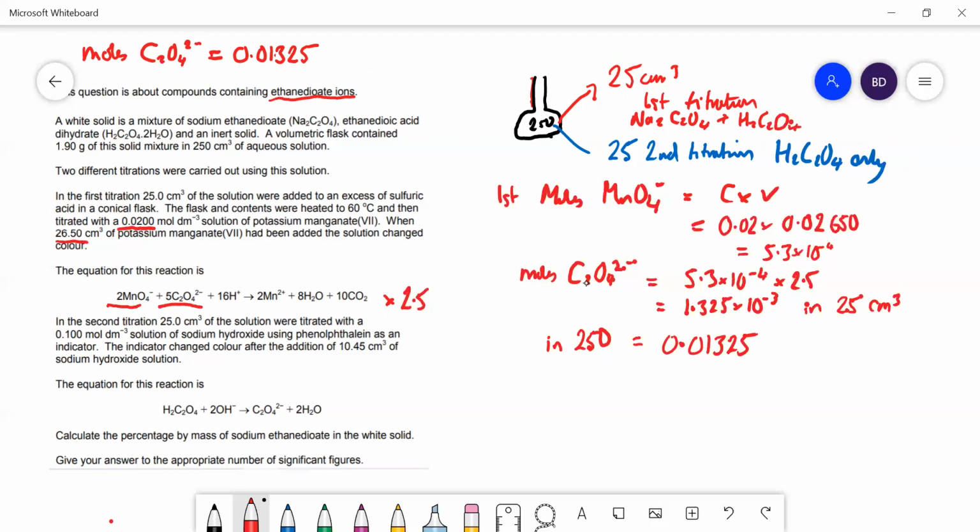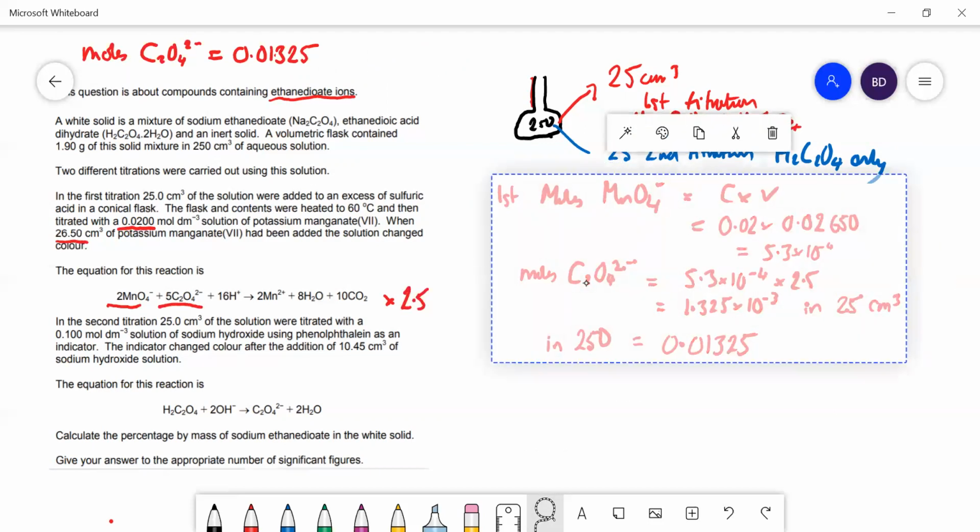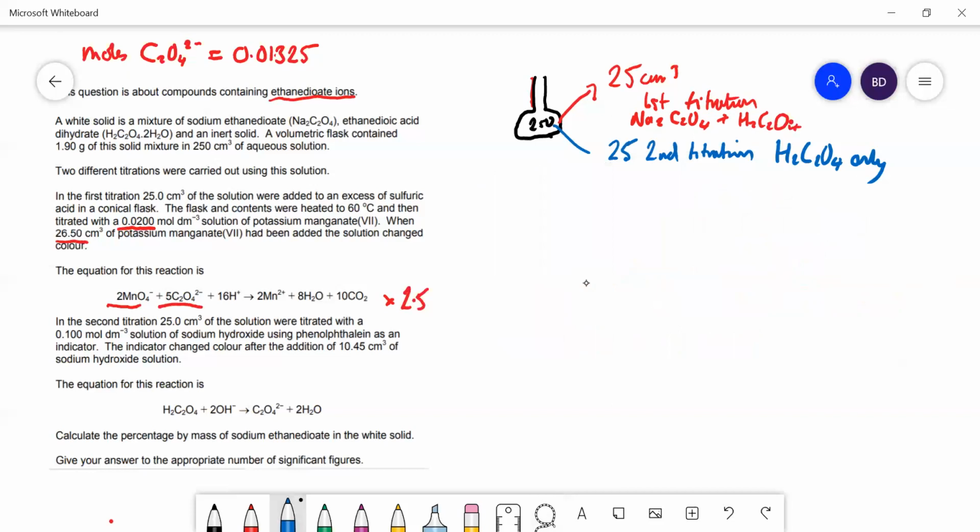Right, let's do the second titration now, which I'll do in blue. We're titrating against sodium hydroxide, an acid-base titration. The concentration of the sodium hydroxide is 0.1 and the volume is 10.45 centimeters cubed, quite a small volume.